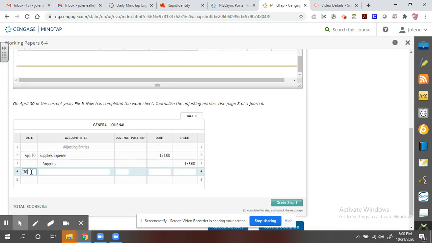Next, we do the 30th again, and this time we have insurance expense. And remember, expenses increase on the debit side.